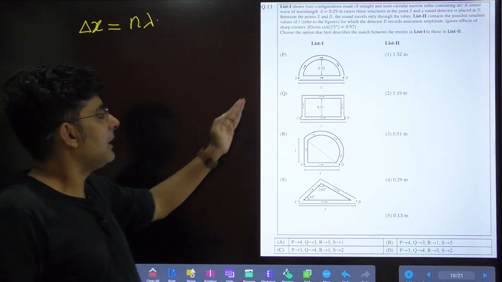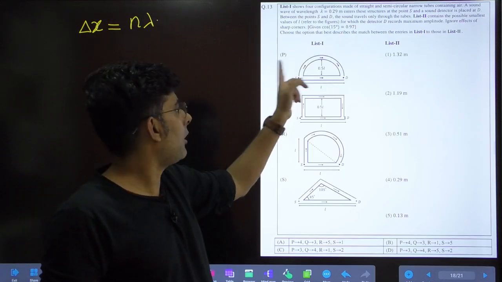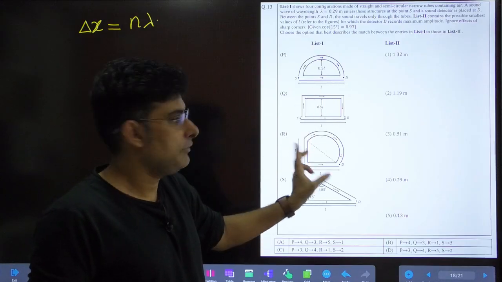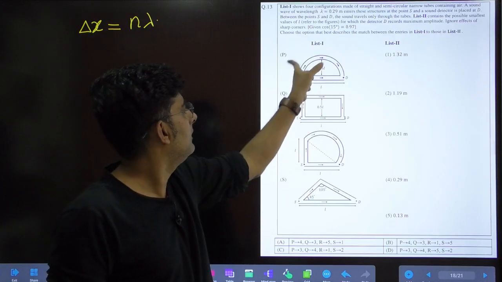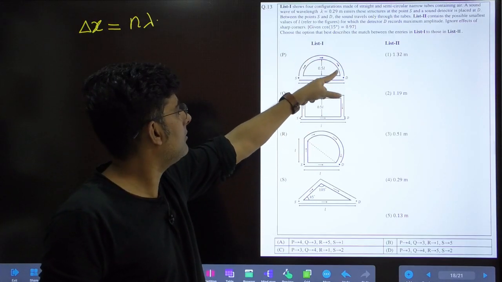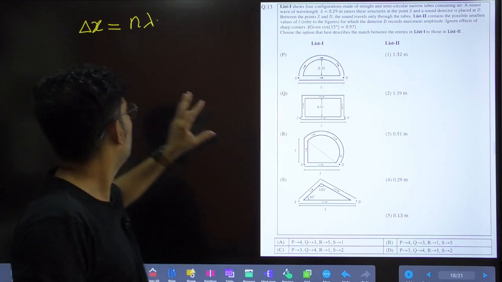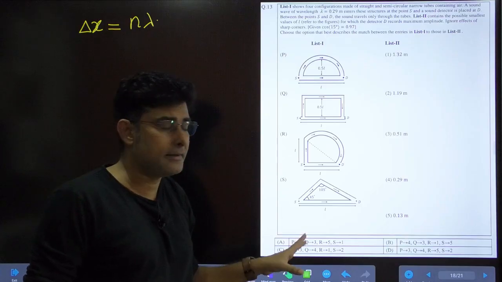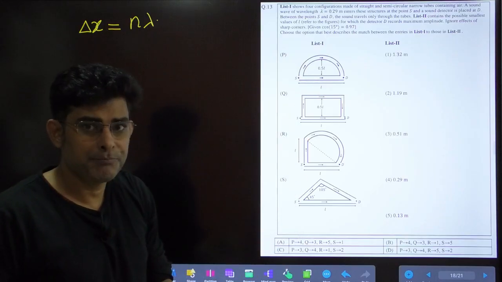Now you can see the path travelled by the waves from S to D, they all will be in multiples of L only, because this length is L, this is pi r, and radius r is also related to L. So in short, all the paths travelled in all the 4 cases P, Q, R, S will be multiples of L, right?